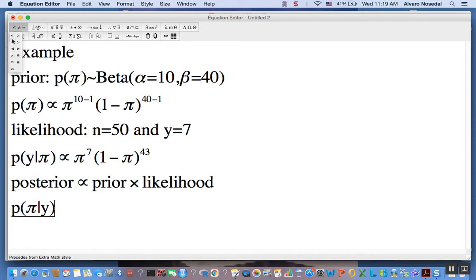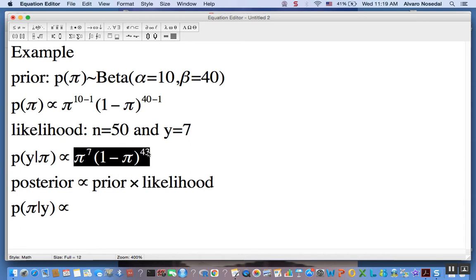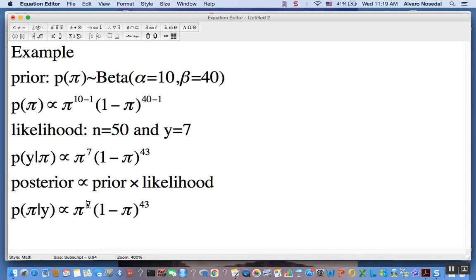So this guy is going to be proportional to this product here. Then what we're going to end up with is 17 minus 1 and 83 minus 1.